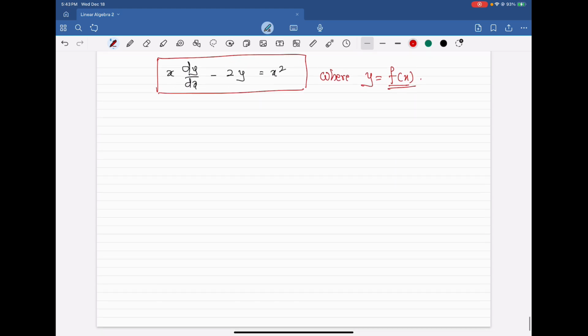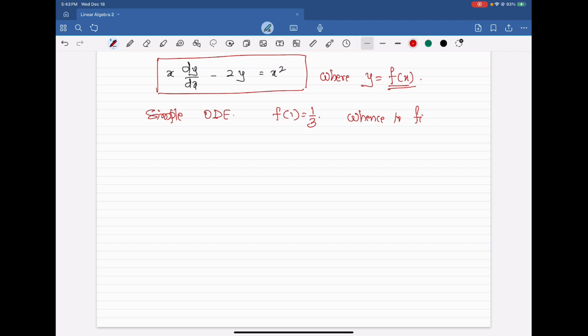This is a simple ODE, ordinary differential equation, from which we can find out the value of y, and already f 1 is given as an initial value problem. f 1 is equal to 1 by 3, and we have to find f e. This is the initial value.